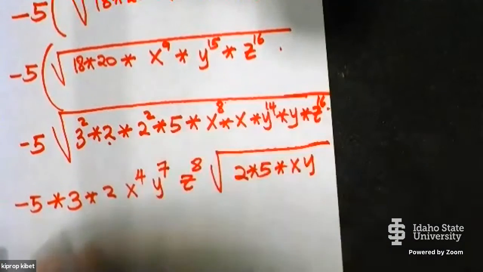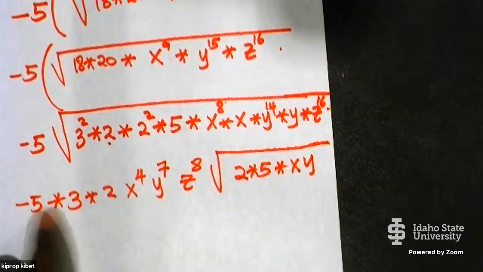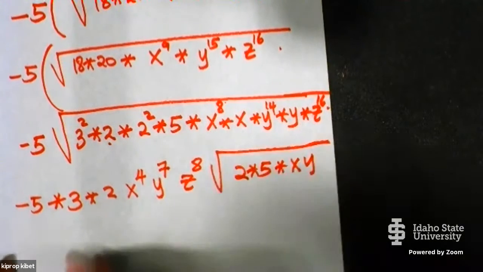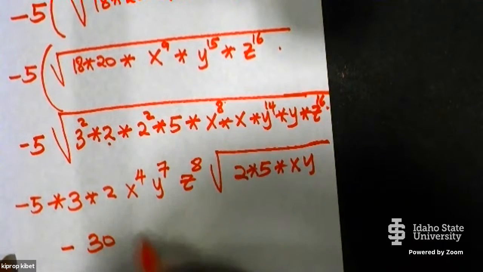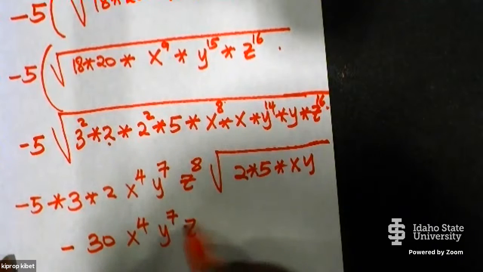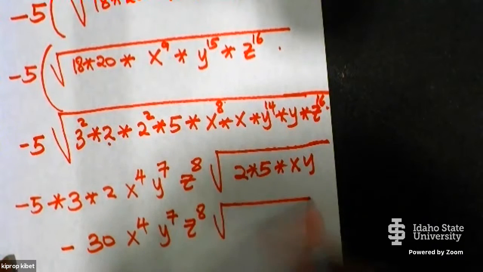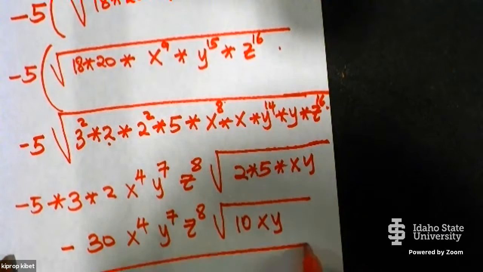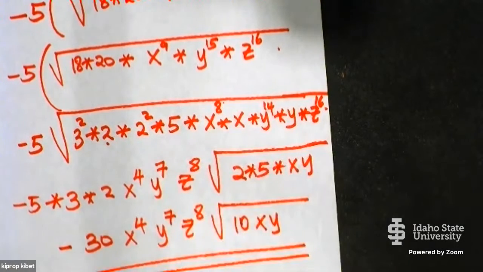So finally, you now simplify. So minus 5, this is 15, so minus 30, x raised to 4, y raised to 7, z raised to 8, the square root of 10xy. So that's how you simplify.